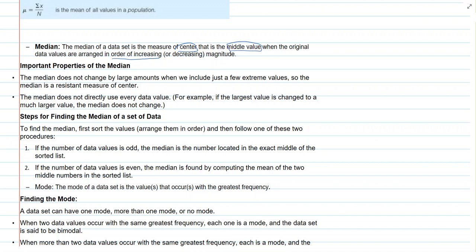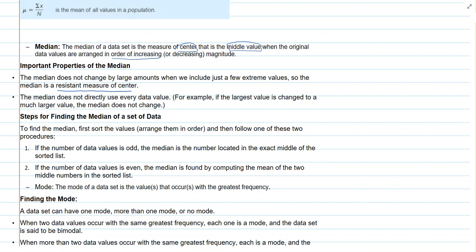Important properties of the median. The median does not change by large amounts when we include just a few extreme values. So the median is a resistant measure of center, which is a very good tool to understand. If it's not resistant, then the outlier affects the whole premise of the mean, but not the median, because it's the center value of that data.